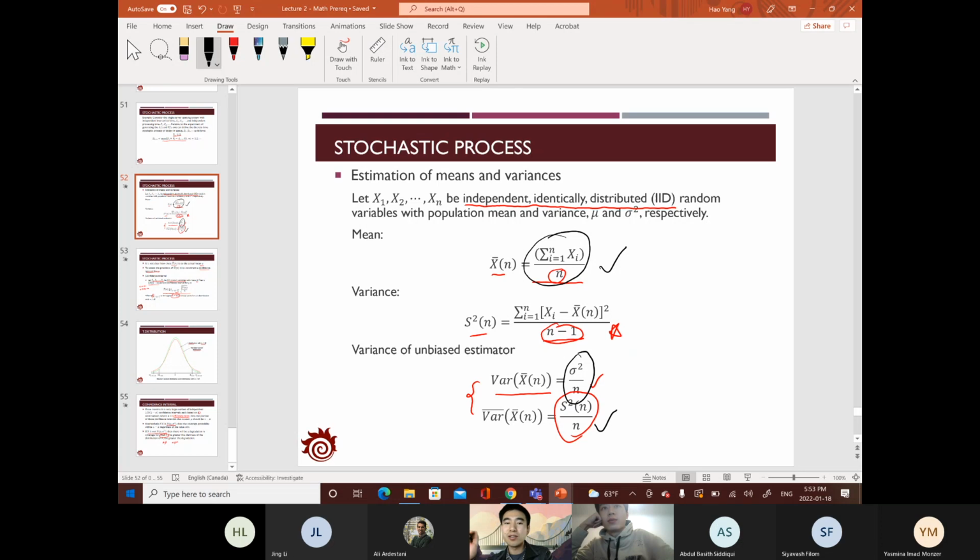You only know the estimated value s square. So we need to replace sigma square with s square. So the last one means the estimated variance of the sample mean. Yes, the last one is just the estimate of the second last one. All right.